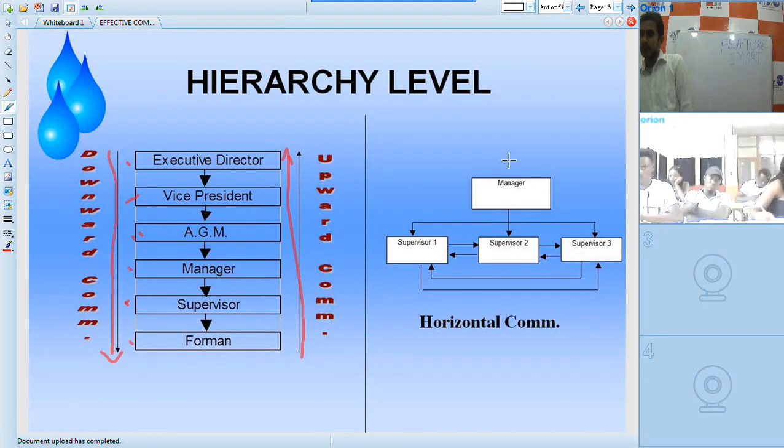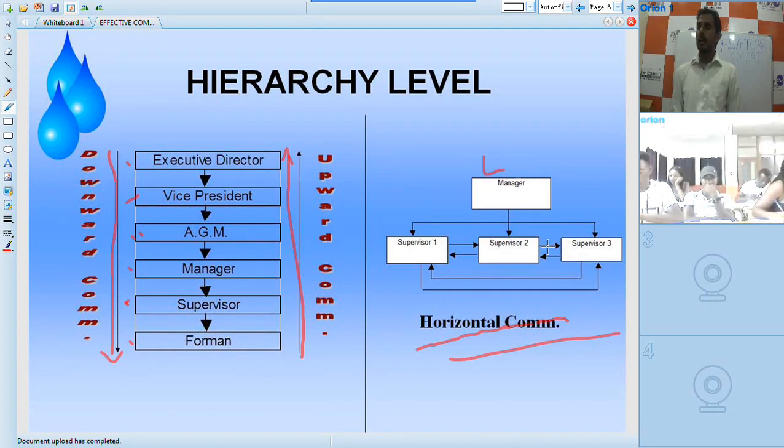On this side, as you can see, is horizontal communication, where the manager is communicating with supervisor 1, supervisor 2 or supervisor 3. And among the supervisors, 1 to 2, 2 to 1, 2 to 3, 3 to 2, and 3 to 1, 1 to 3.